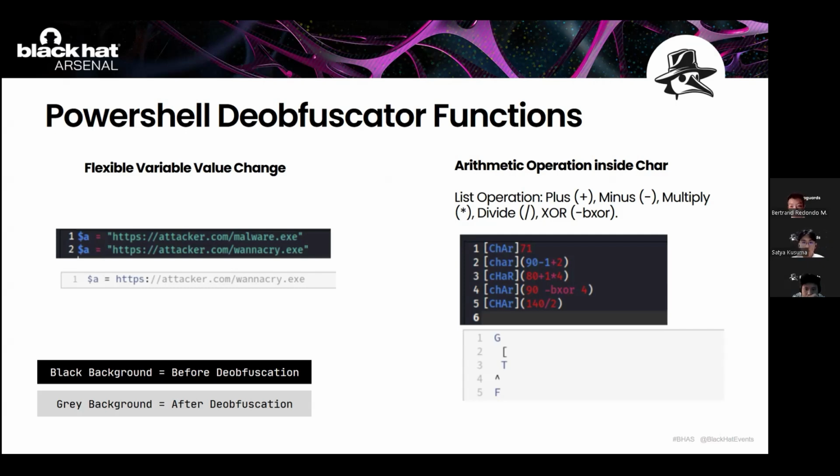The next one is processing arithmetic operations inside char, where there are 5 operations that can be processed by the application. The first one is plus, the second is minus, the third is multiply, the fourth is divide, and the fifth is the sort operation. In the example in the picture below with the black background, there are 5 lines of code.